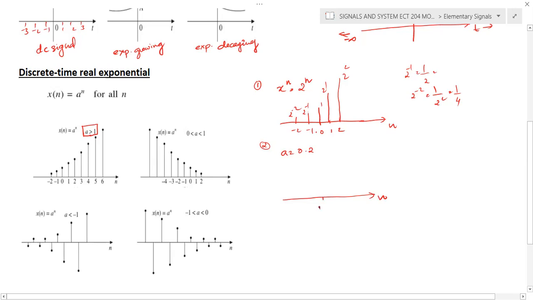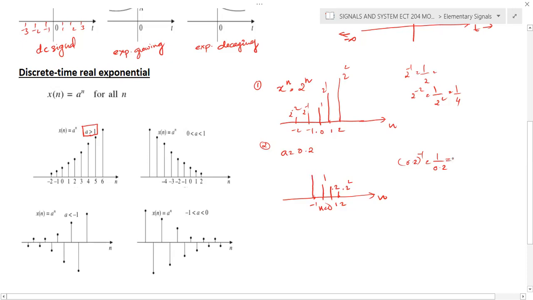At n equal to 0, it becomes 0.2 raised to 0, which is equal to 1, and when n is equal to 1, it becomes 0.2. When n is 2, it is 0.2 the whole squared, so it's again a small value. Now we can evaluate at minus 1: 0.2 raised to minus 1 becomes 1 by 0.2, which is higher than this 1.